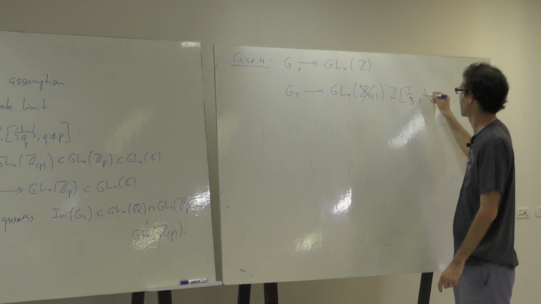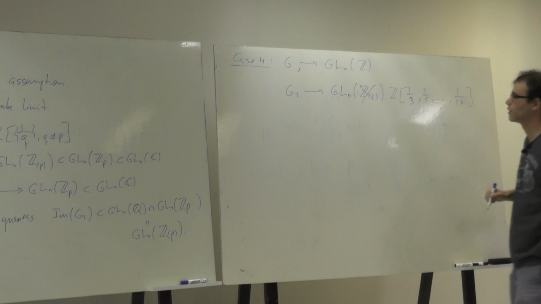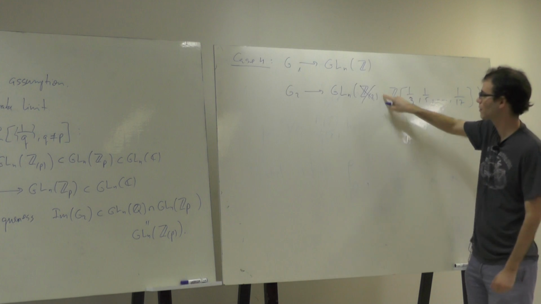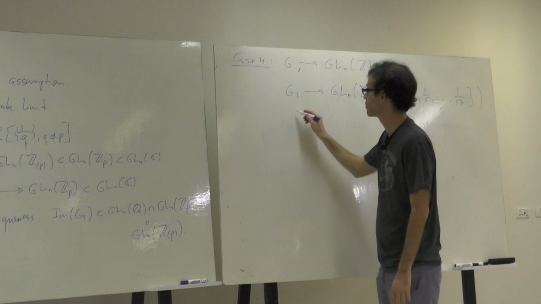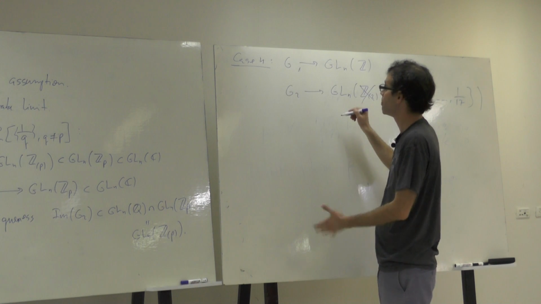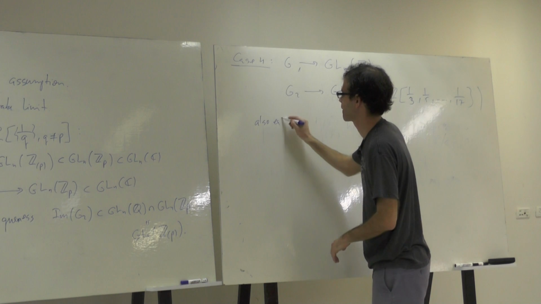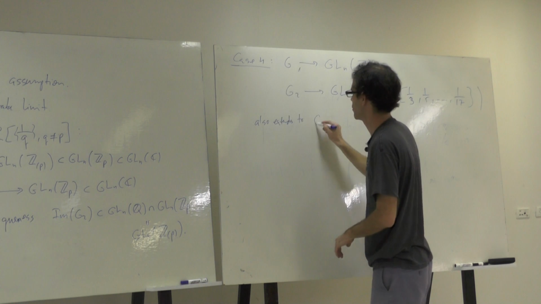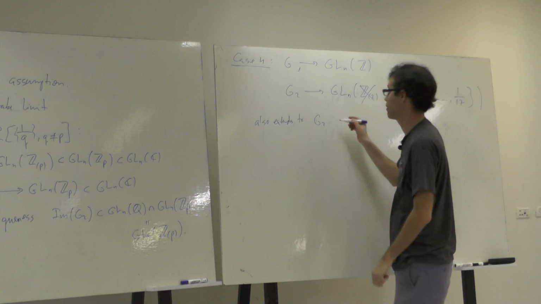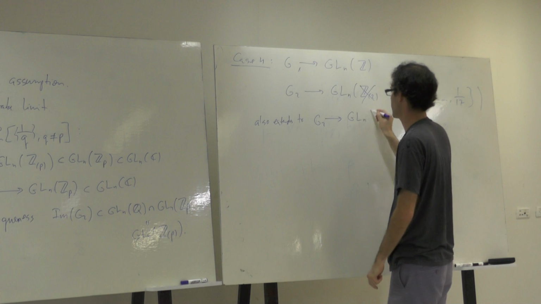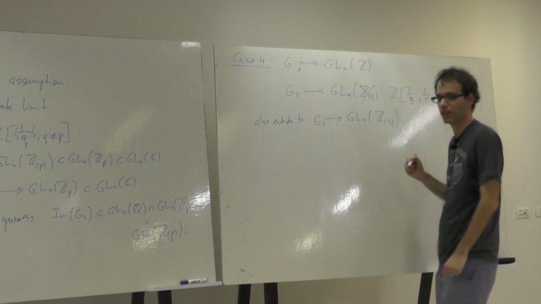But this map also extends, I can choose a different prime, for example 3. This also extends to GL_N of Z localized outside 3.